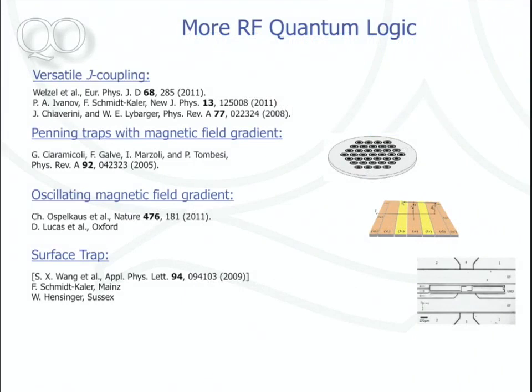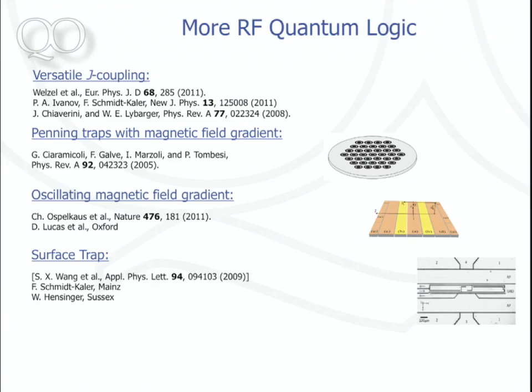Okay, there are other schemes using radio frequency, quantum logic. I'm sure we'll hear more about the oscillating gradient scheme that has been successfully implemented in Boulder and is being implemented in Oxford.